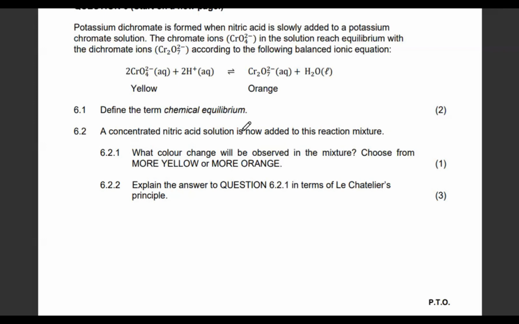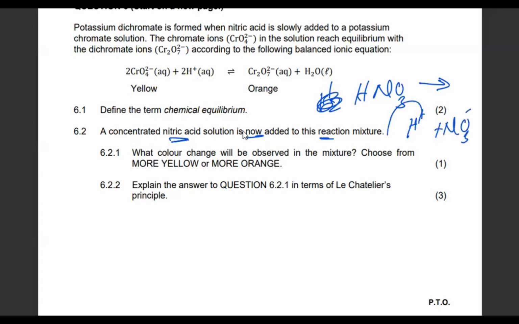That's it. Saying that more nitric acid is now added to the solution. When you add nitric acid, remember nitric acid is a strong acid. Therefore, it ionizes completely to form hydrogen ions plus nitrate ions. Since you are adding that, you're going to increase the hydrogen ions, and once you increase this, the reaction is going to be favored in that regard.